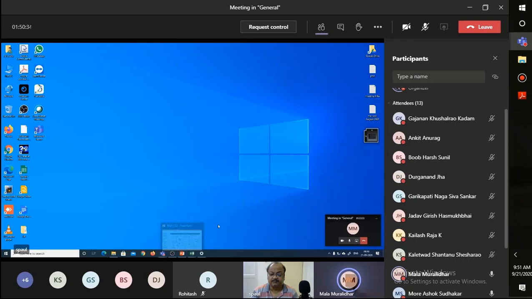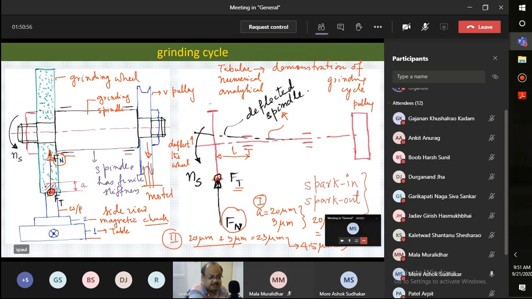By increasing its stiffness? Yes, sir. None of the shafts are infinitely rigid. There would be some finite stiffness. Please look, here I have written. No one is saying that you make spindles out of bamboo. They are made of steel, they are heat treated, but they have a finite stiffness. So because of finite stiffness, there would be deflection. Your suggestion is that we improve Kn.